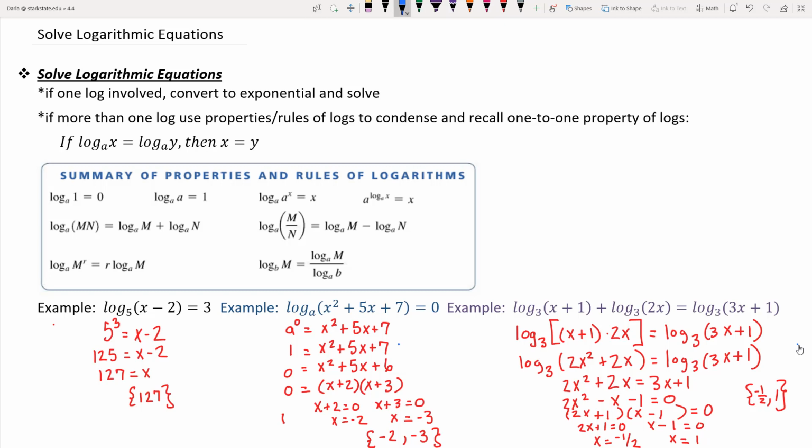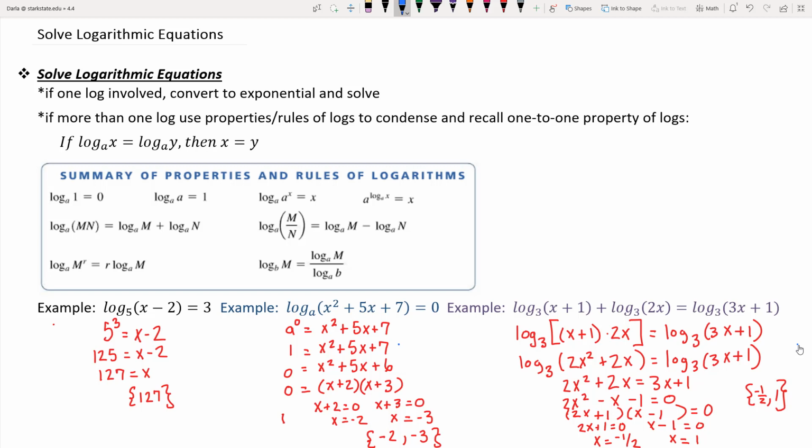So it appears that -1/2 and 1 are our solutions, but we can't violate the domain of any of our original logarithms. So if either of these values make what's inside the parentheses, so what we're taking the log of, negative or 0, then we would have to throw it out from the solution set.